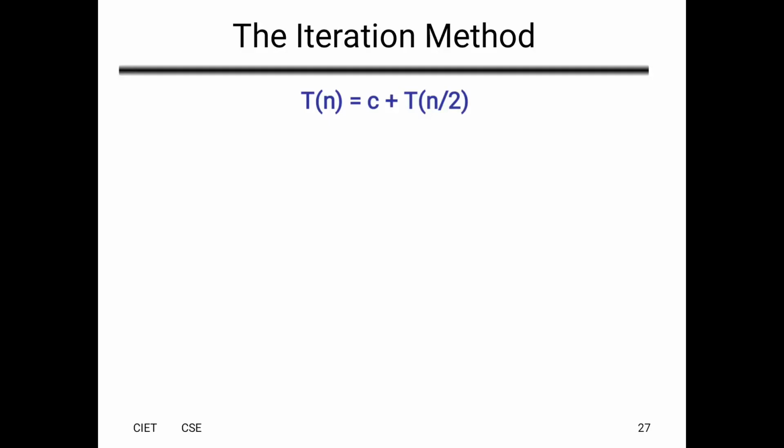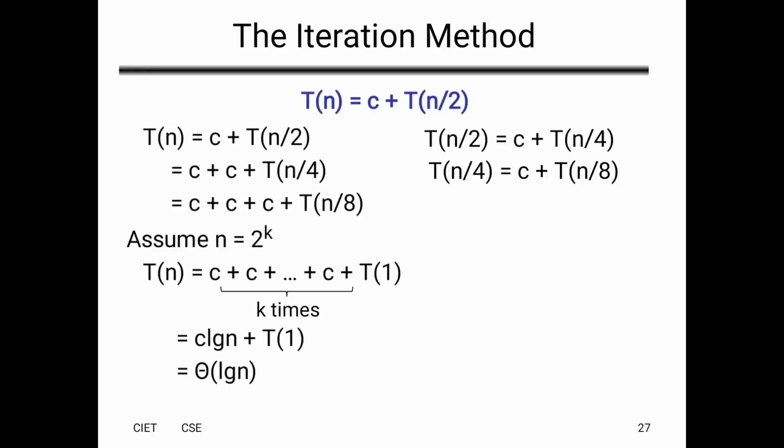The running time for the recurrence is t of n is equal to c plus t of n by 2. Here t of n by 2 is the time taken to solve the sub problem, and c is the cost of conquering the sub problems.